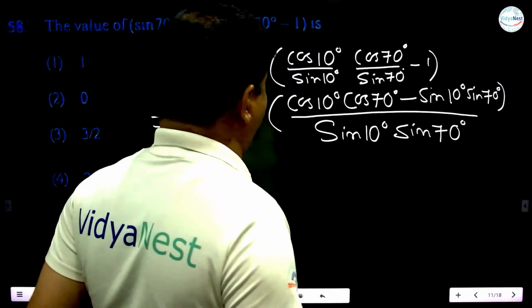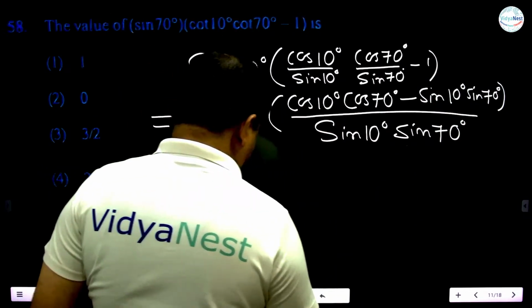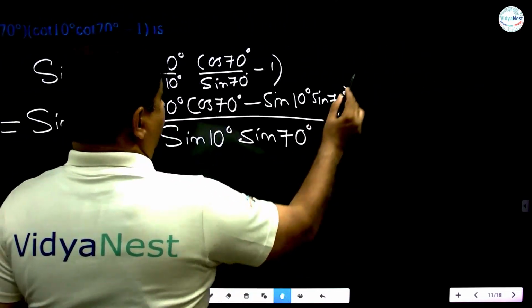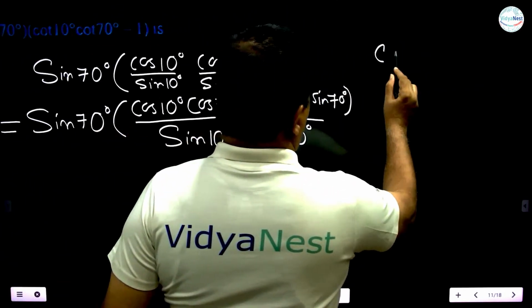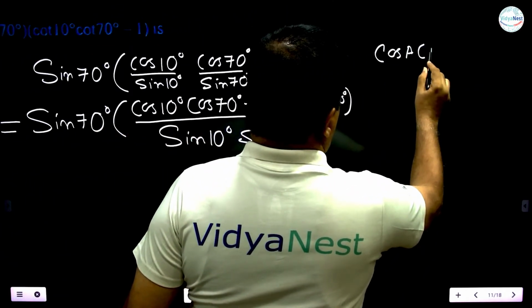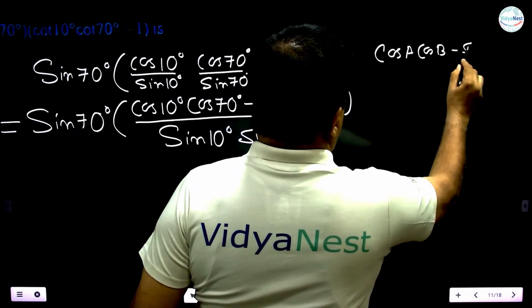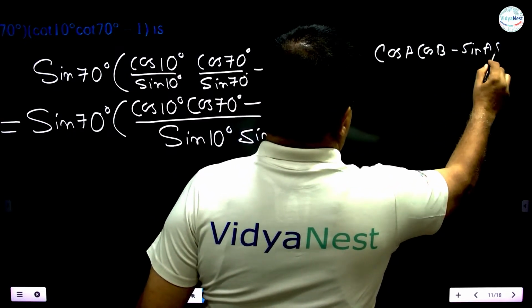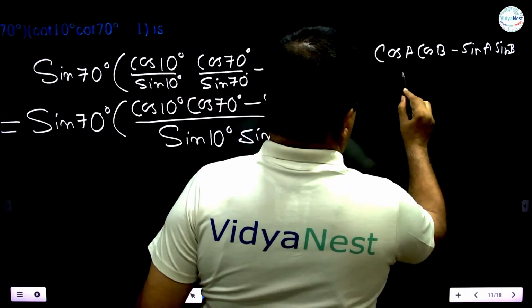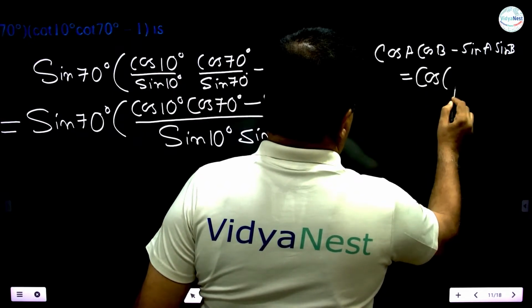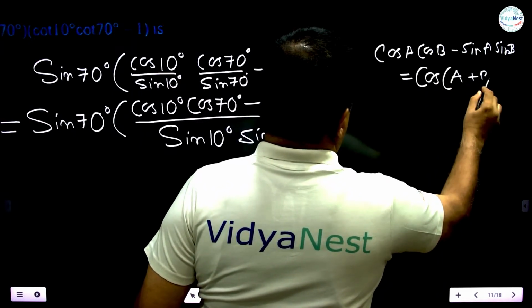Cos A cos B minus sin A sin B, remember. We know cos A cos B minus sin A sin B will be cos A plus B.